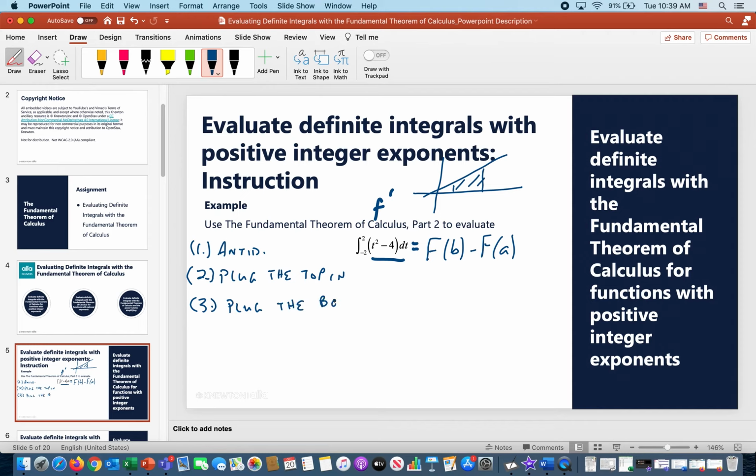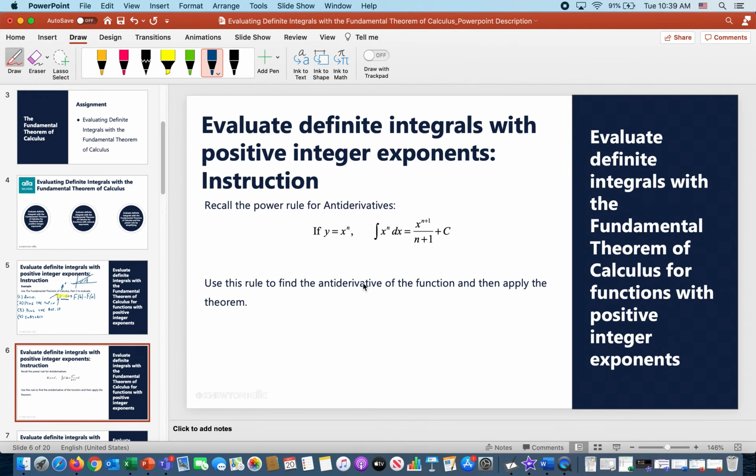And when I say plug the top and bottom in, what I mean is here's the top number, here's the bottom number, and subtract. That's really all we're going to do to figure out what this thing's equal to. So this thing is going to equal the antiderivative evaluated at the top minus the bottom. Let's look at the next slide to see how we actually do that.